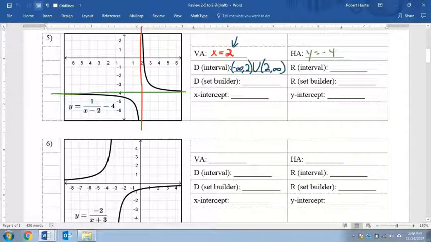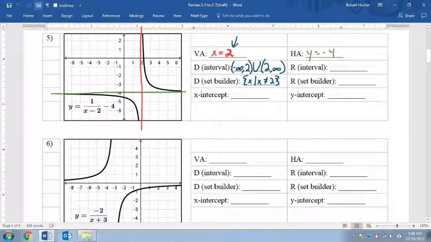It's kind of like, remember, we got to go across, hop over the 2, and then keep on going. That's how that works. And in set builder, this one's a little bit different. So we got x bar x, it is everything except for 2, so it does not equal 2.